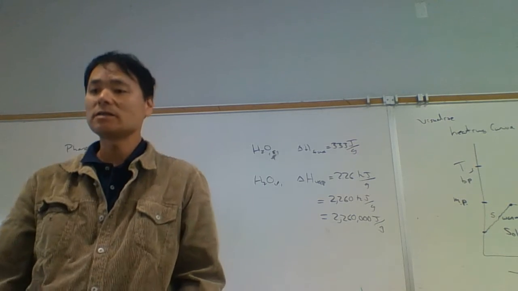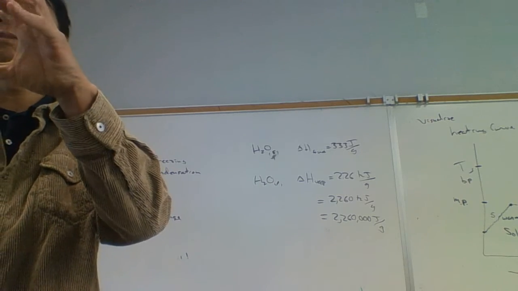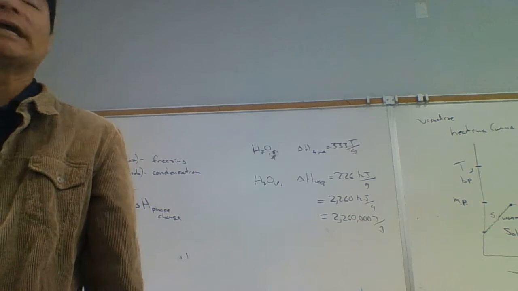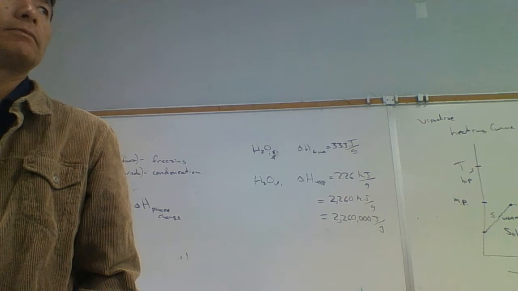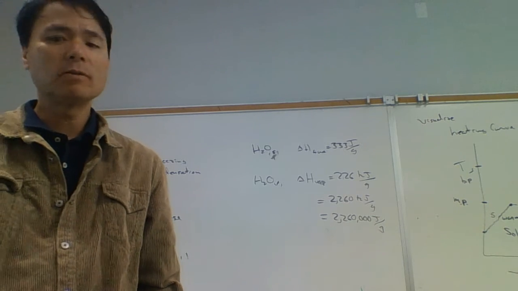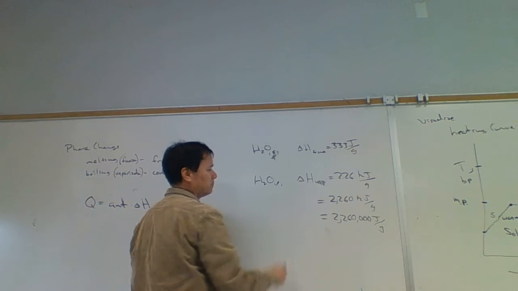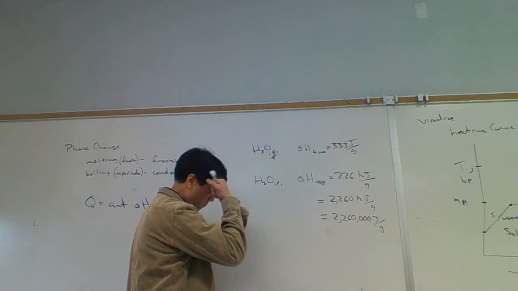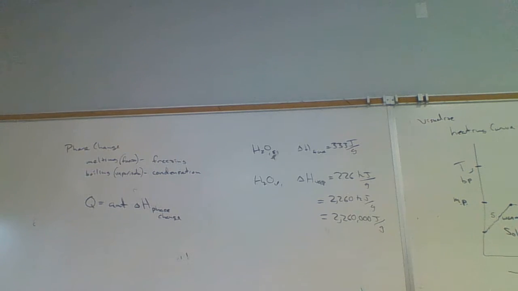This is because to melt the water, the hydrogen bonds can still stay intact, because the waters are still touching each other. But to vaporize the water, you have to completely break the hydrogen bonds that hold the water molecules together. And so that's going to cost quite a bit more energy. This is striking as far as the amount of energy goes. Otherwise, we don't have to memorize any of these numbers here.